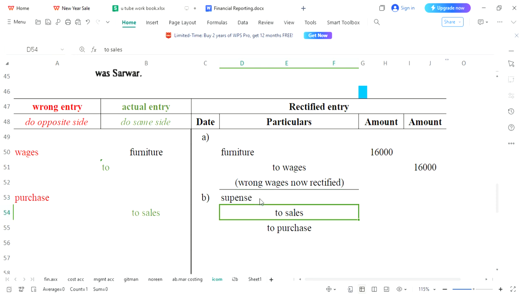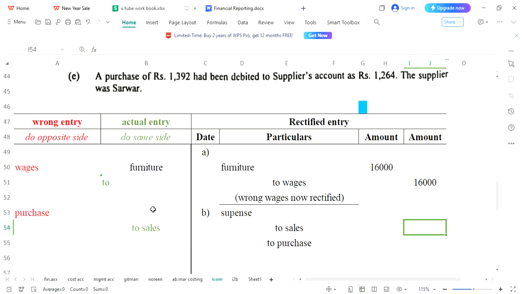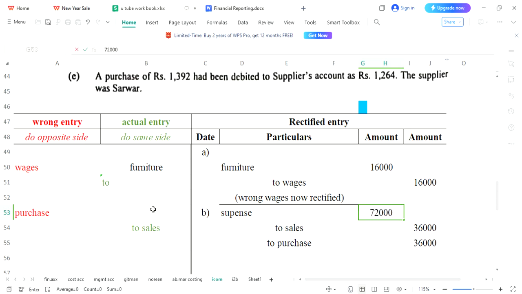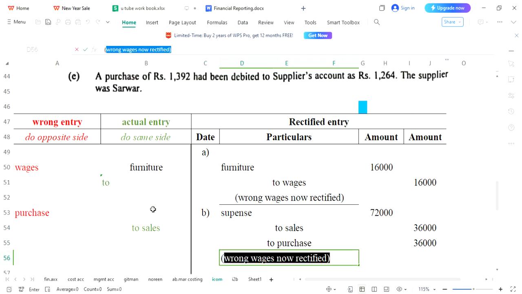Now how will you put the amount? 36,000 is the only amount, which was sales. The same amount would be posted over here, and the sum of these amounts, that means 72,000, would be written here, and you will write "wrong purchase now rectified." B entry is completed.